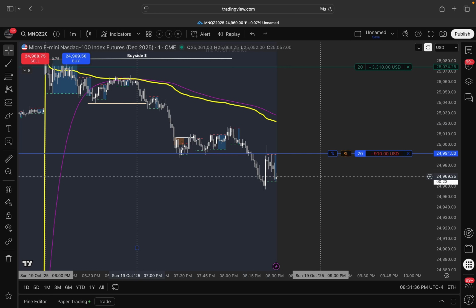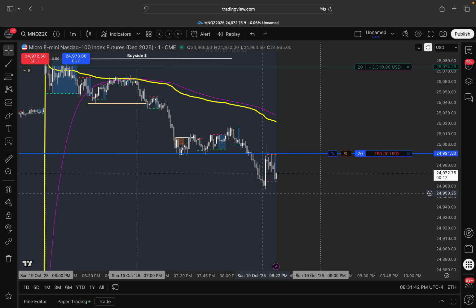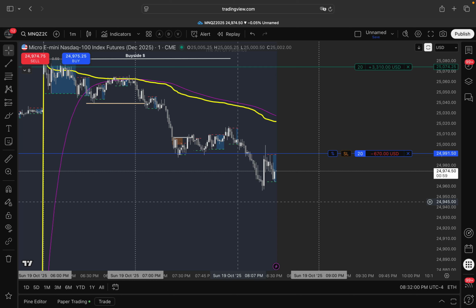So the reason why I marked 9 p.m. is because if this is our stopping point, if there's no clear setup before 9 p.m., then we don't trade that day. Okay. But between 7 p.m. and 9 p.m., you look for your setup. Between 6 p.m. and 7 p.m., you just wait for liquidity to form.